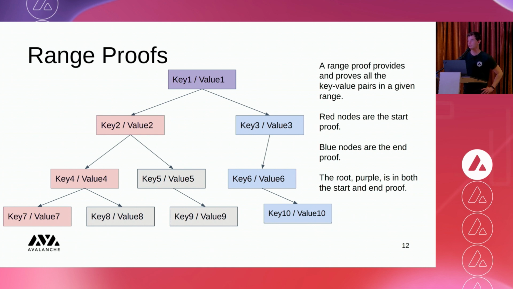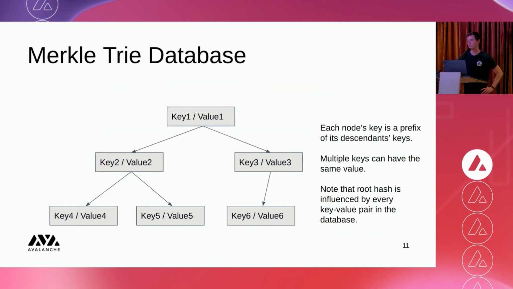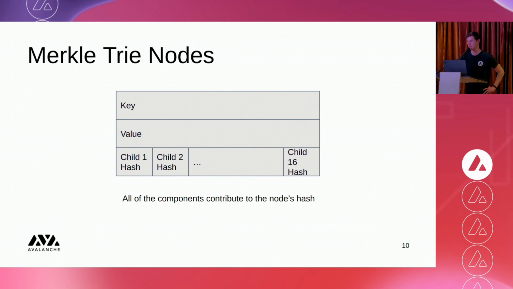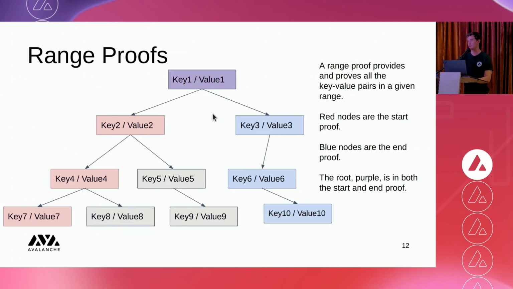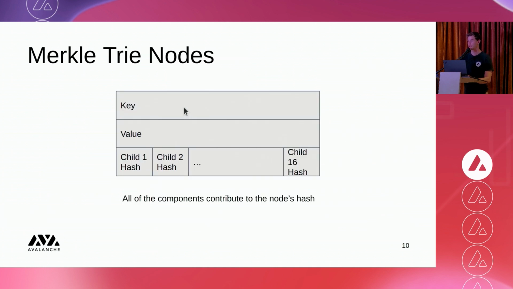Yeah, that's a good question. So the way that you determine where a given node goes, or really to say a given key value pair, like how does this key value pair map to the tree structure? The way that you do that is you follow along the child hash, right?